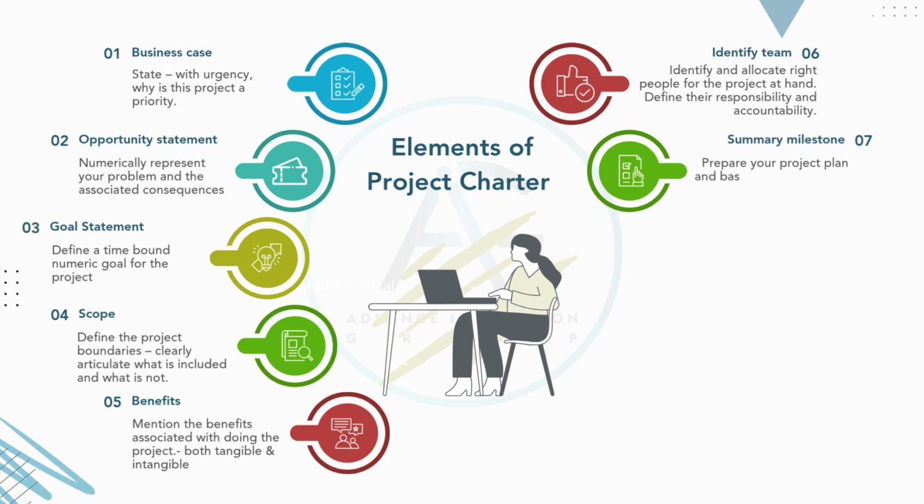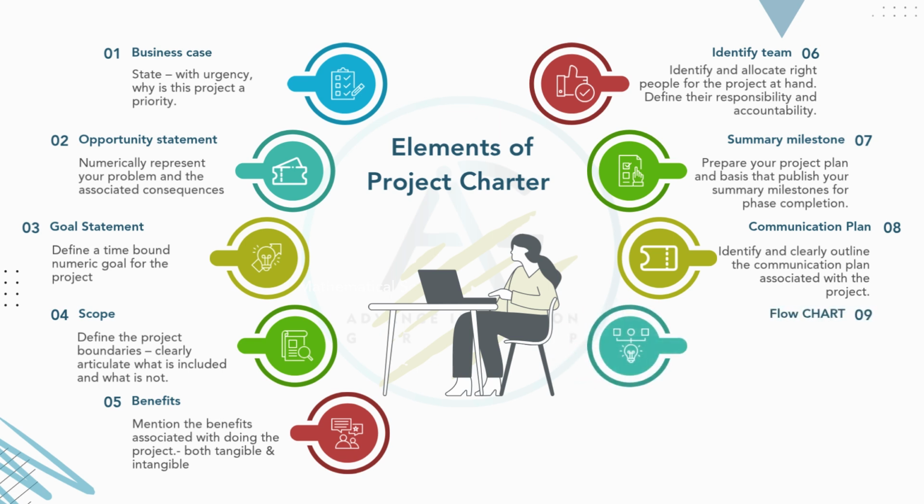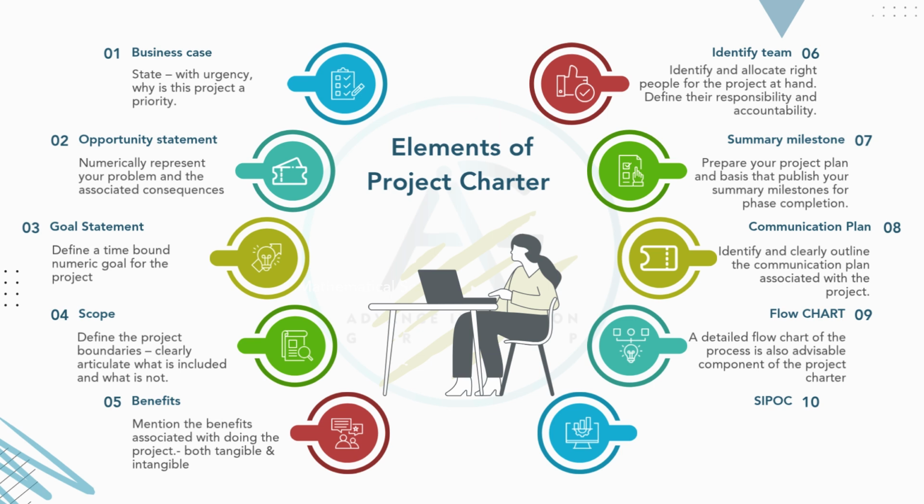Prepare your project plan and, based on that, publish your summary milestones for phase completion. 8. Communication plan. Identify and clearly outline the communication plan associated with the project. 9. Flow chart. A detailed flow chart of the process is also an advisable component of the project charter. 10. SIPOC. Publish a high-level process map outlining the top 5 to 6 steps.